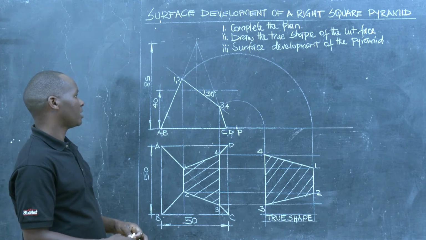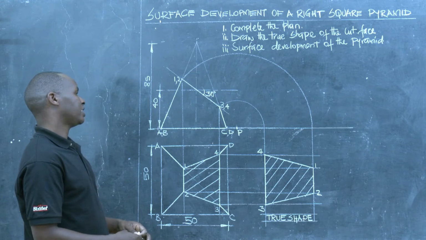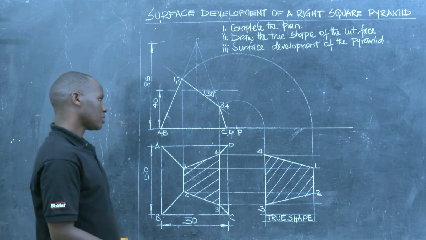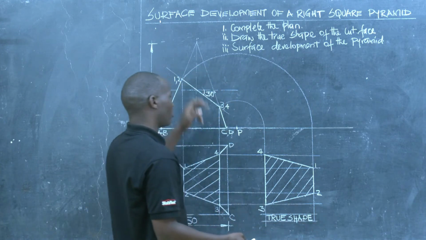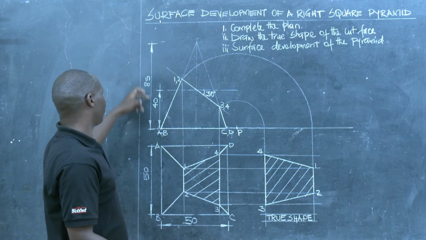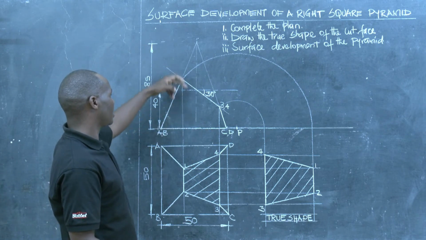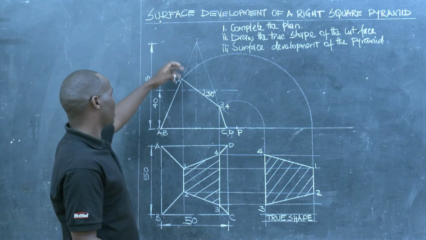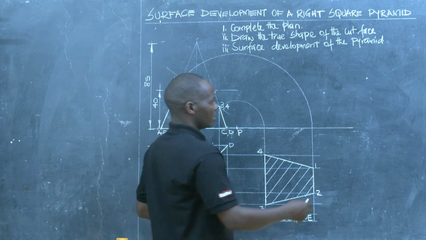We need to define the true length of the edges of the pyramid. And we are basically talking of the true length of the edges of the pyramid simply because what we've been given here as 85 millimeters is basically the distance between the apex of the pyramid and the center of the base.